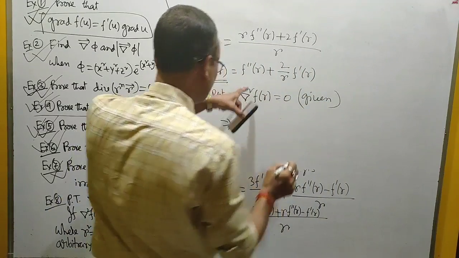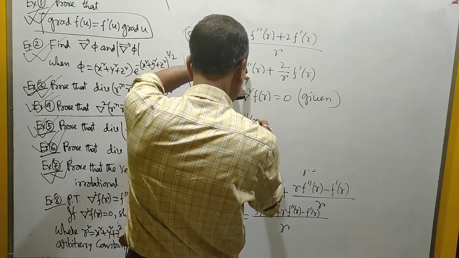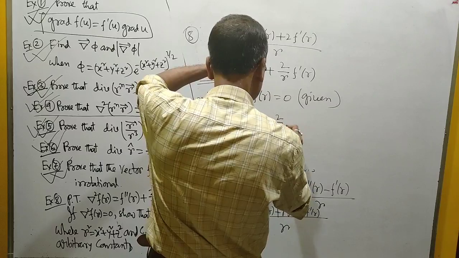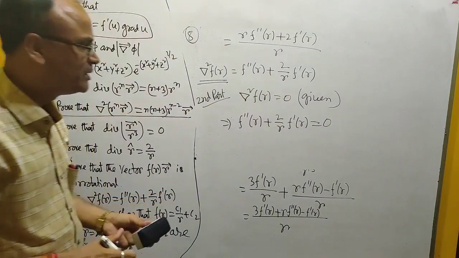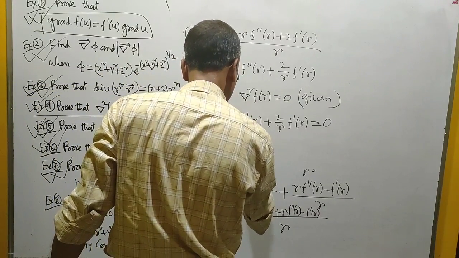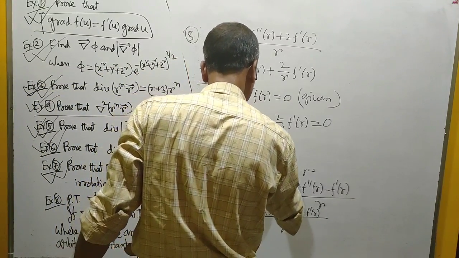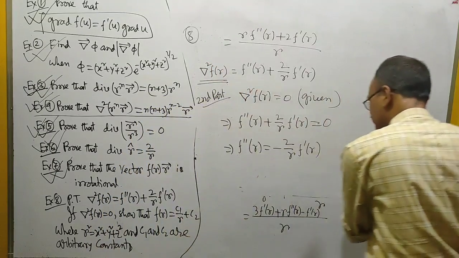This means we have proved that f double dash r plus 2 by r f dash r equals 0. This means that f double dash r equals minus 2 by r f dash r. It will be like this.